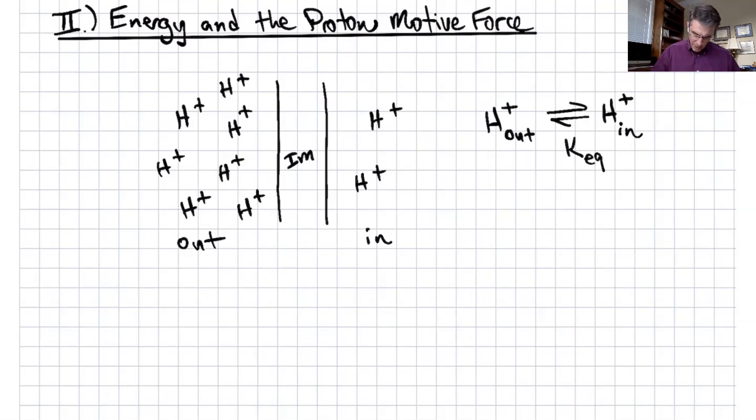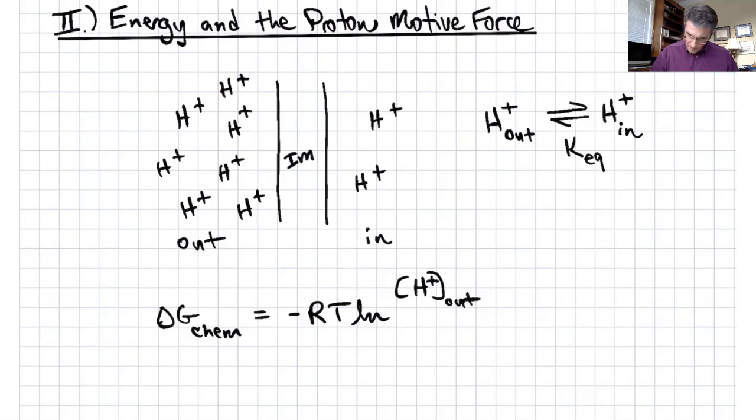So the free energy associated with the difference in chemical concentration of species, which I'm going to call delta G sub chem, is just equal to minus RT natural log of the concentration of protons on the outside divided by the concentration of protons on the inside, right? Everybody remembers that from the way we started solving problems like this.